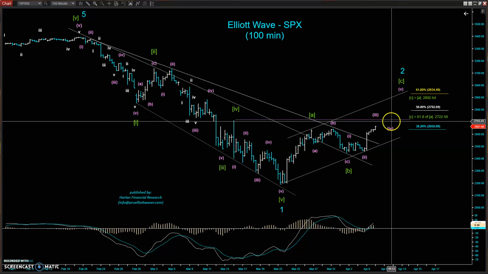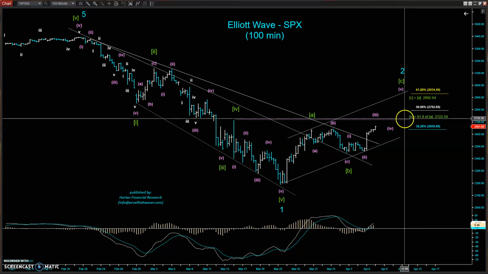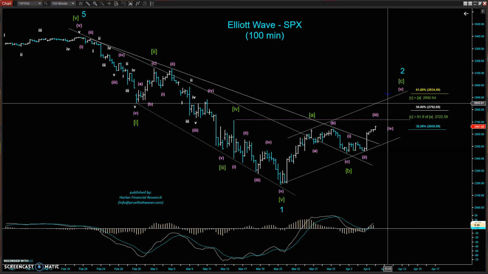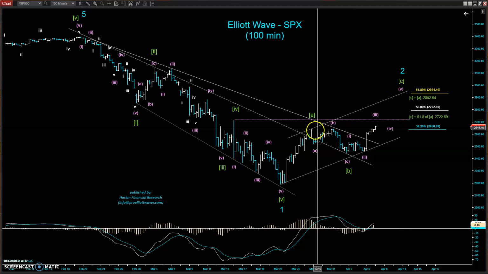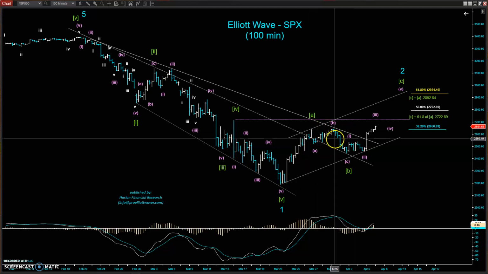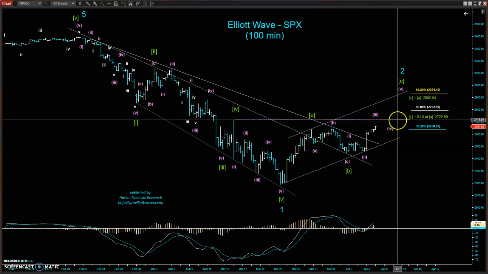This also corresponds with a minimum calculation where C, our C wave that we're in here, would be equal to 61.8% of the A wave. So C would be 61.8% of A. And that also corresponds right at this same exact target area of the previous lesser degree fourth wave. So that's a target that we can watch.